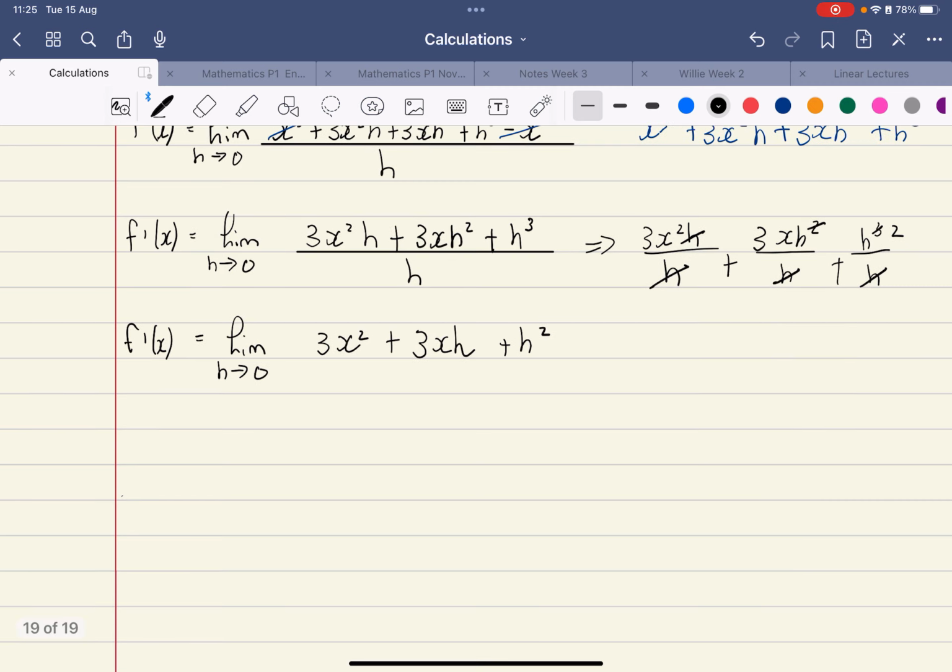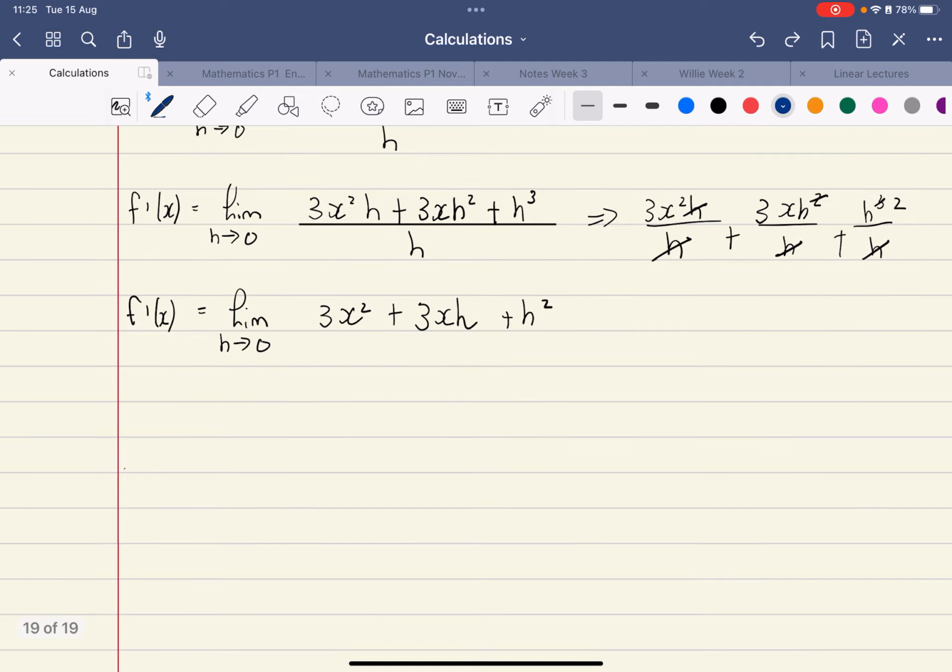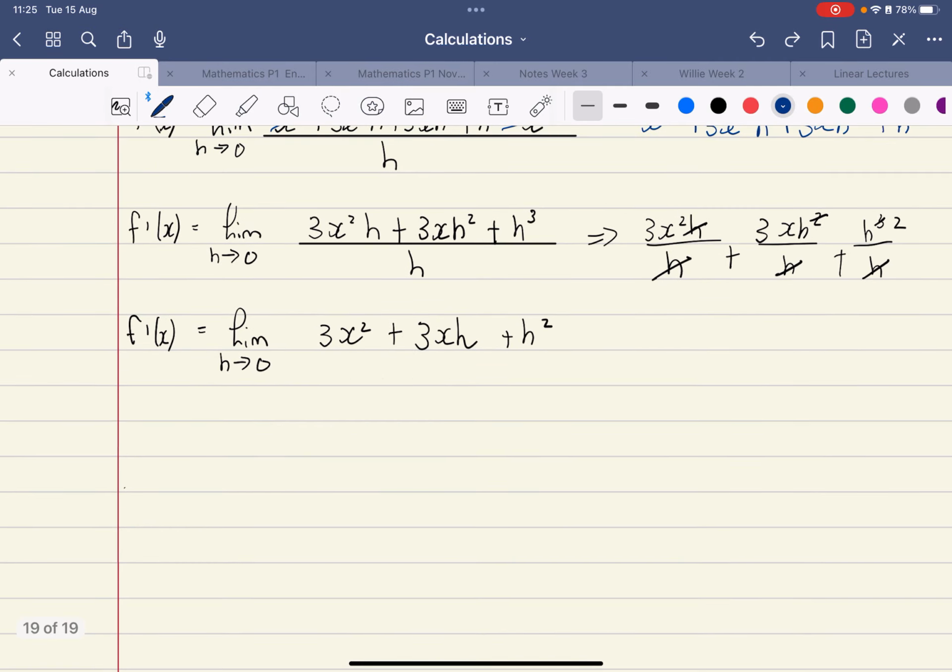Now, what now? Well, we still have our limit, and we know how to take limits. In the case of derivatives using first principles, all we need to do here is sub in our h, which approaches 0.